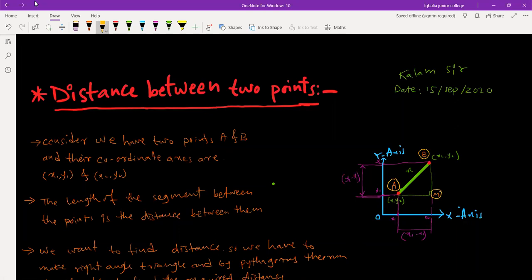So if there is a 90-degree angle, I can use Pythagoras theorem, and with its help I can find the length of any side of that right angle triangle.